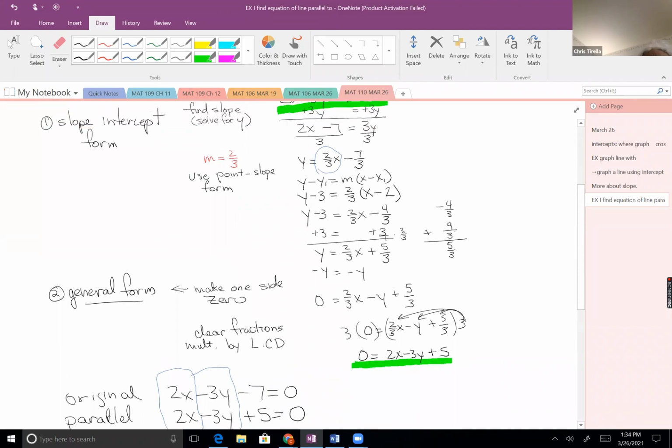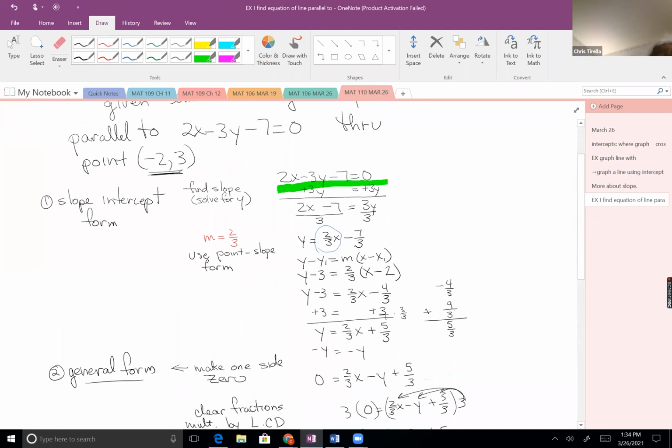Oh, guys, the other number error was up here. I substituted in +2 instead of -2, right? You guys didn't catch that sign error.